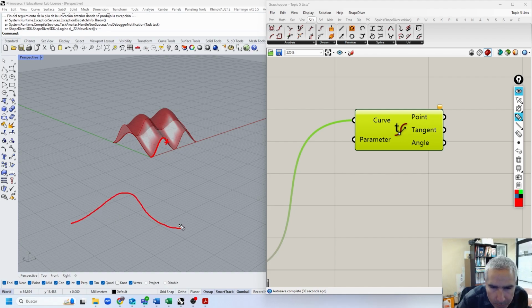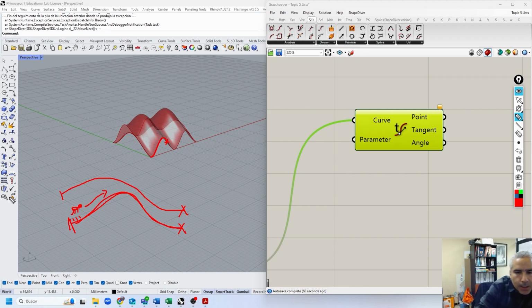Imagine you're a very small insect, a little ant, walking along the curve. The distance that you've traversed from the start of the curve to wherever you're at would be your parameter.